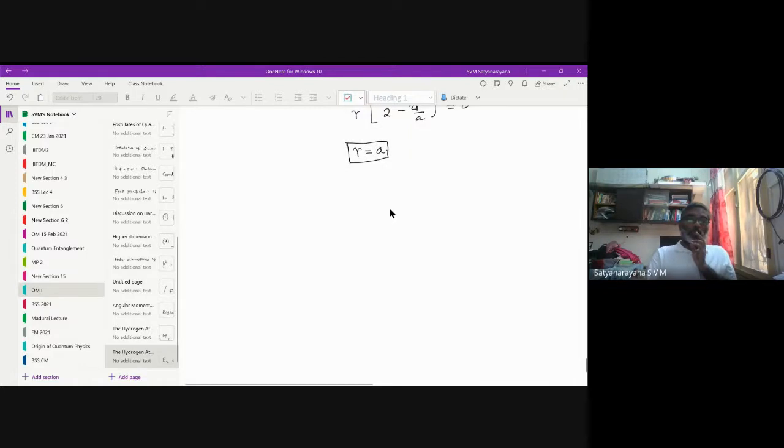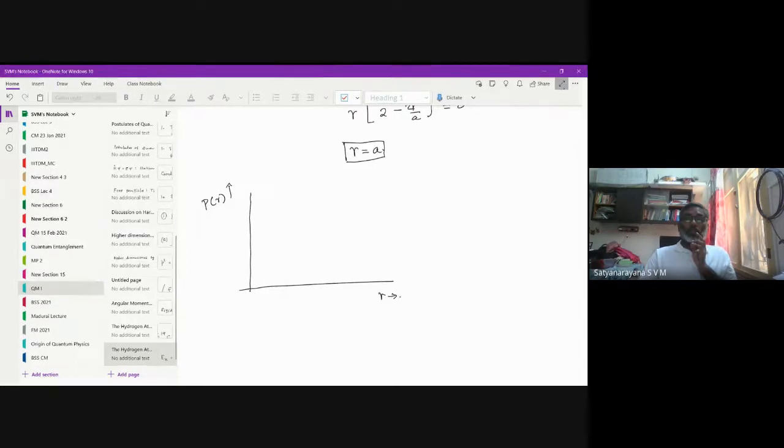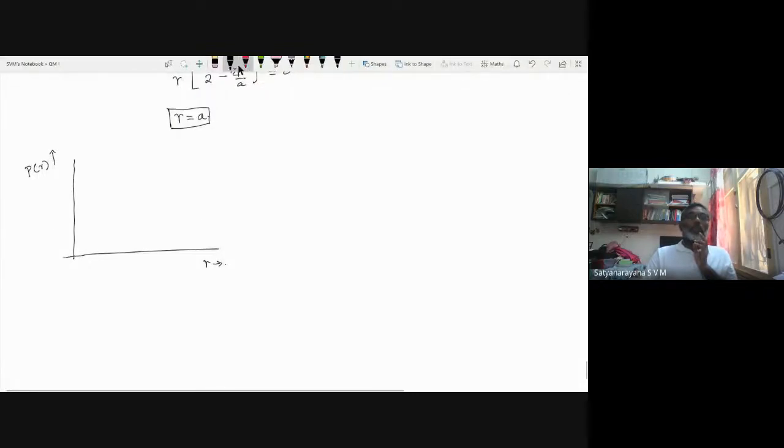And if you actually plot the probability density, let's say P of R plotted in this way against R, you can see that this is the graph of R10 of R mod square, and then you can have a graph of R square.